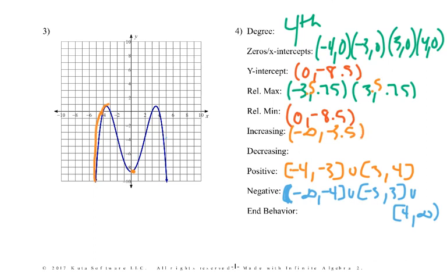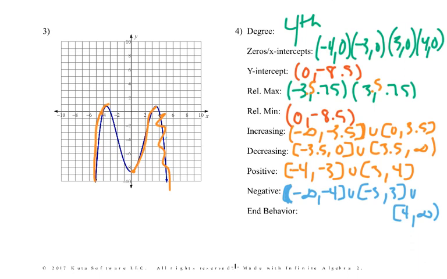Okay, so it's decreasing from -3.5 to 0, because we're talking about x values. Okay, then it jumps and we're increasing from 0 to 3.5, so right here, and then we're decreasing again, so it jumps from 3.5 to infinity.